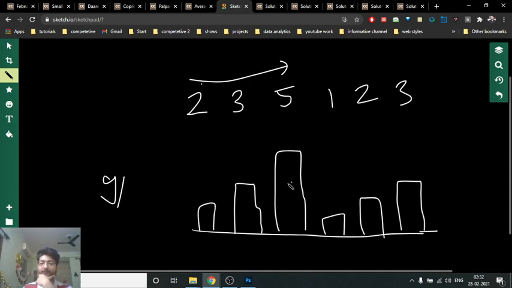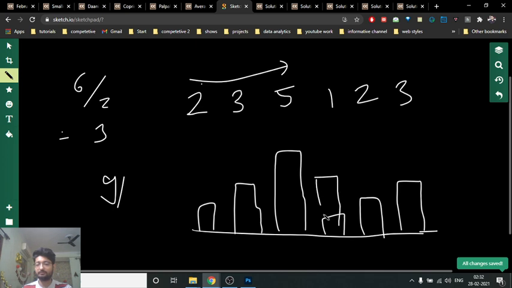As you can see, if you find the average between both of them, like 5 and 1, what will be the average? 6 divided by 2, so it will become 3. Then if you find the average between 3 and 5, equal to 4, so it can become 4.